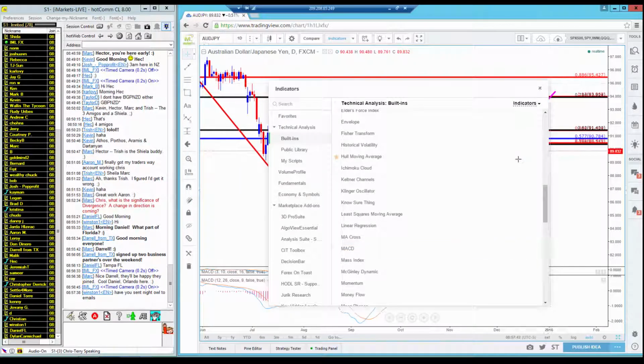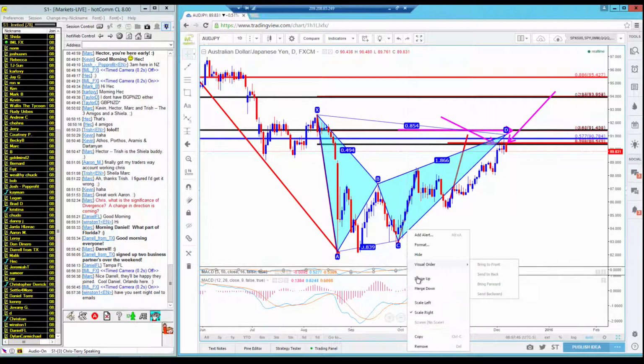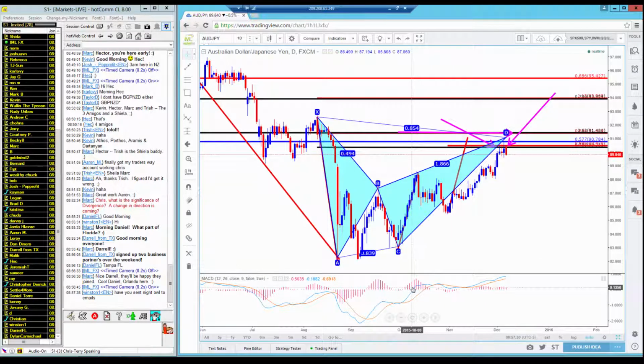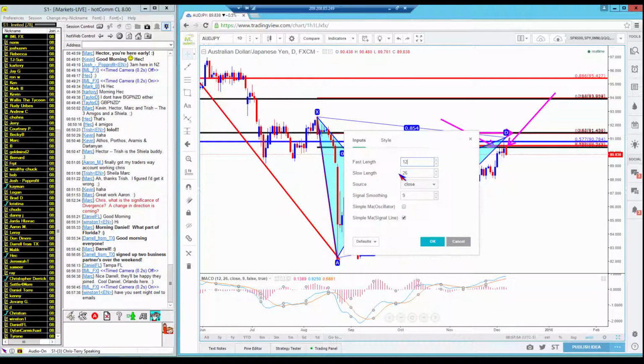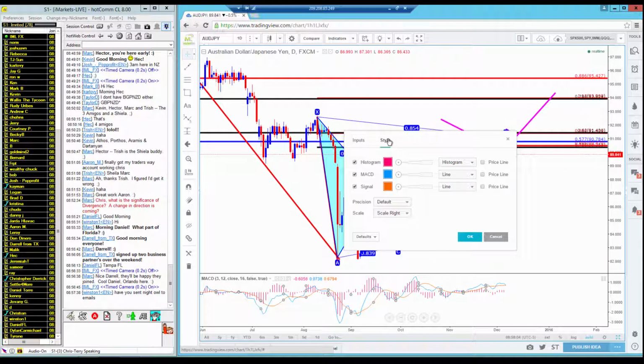The MACD is installed. And let me just remove this, okay? Very simple. Format it. I'm going to go through it so you guys have it. 3, 12, 16. And on TradersWay, you uncheck the histogram.